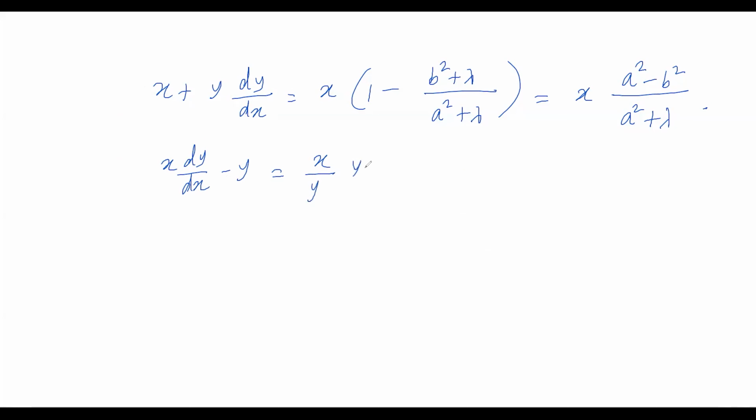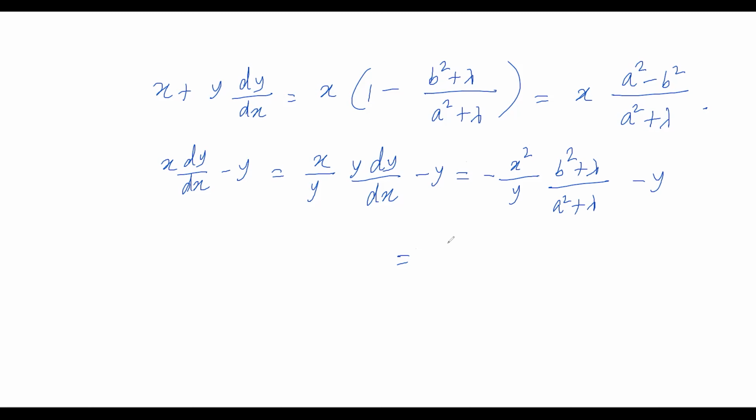So x over y times y dy by dx minus y becomes, putting in the value of y dy by dx, x squared over y times b squared plus lambda by a squared plus lambda minus y.